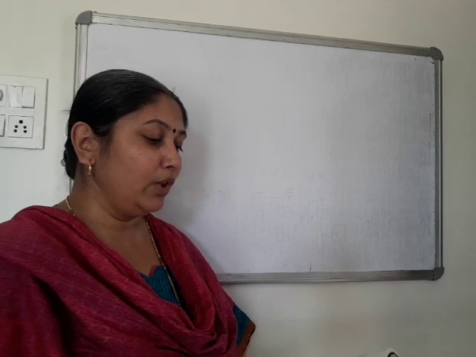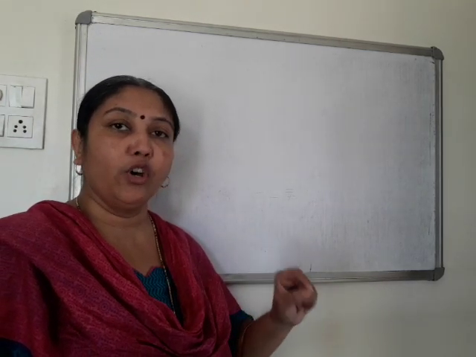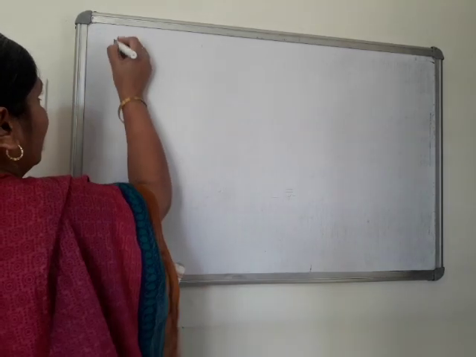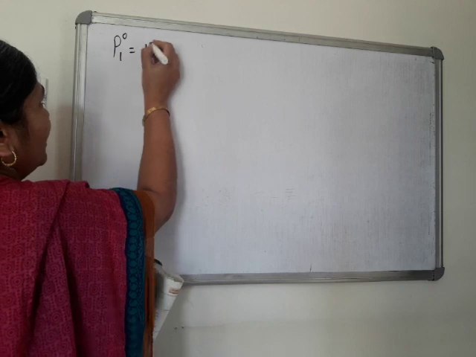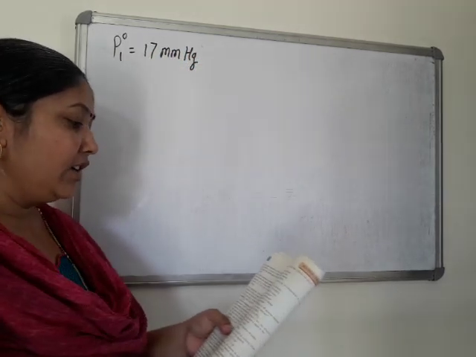Read the question carefully. What are the given things? Vapor pressure of pure water is denoted as P01. So write this as P01. It is 17 mmHg. What else is given?